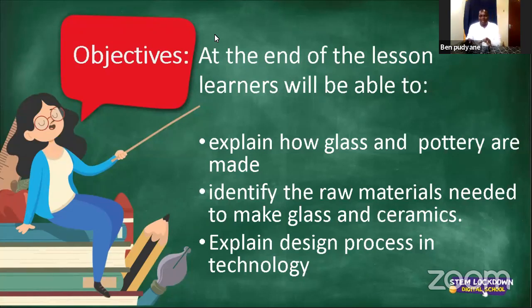Those are the things that you must know. It's two things, sand and clay. Sand, in a simple sense, makes glass combined with soda ash and limestone. Clay makes pottery. Those are the two distinct things.